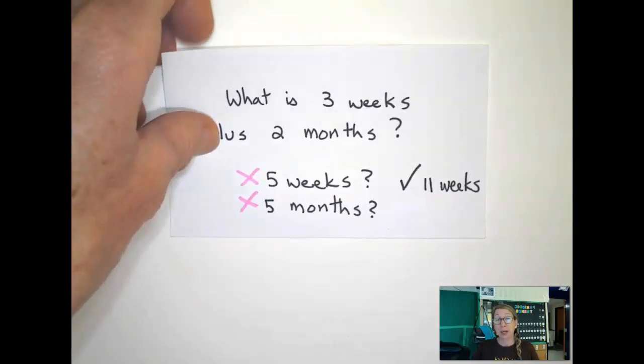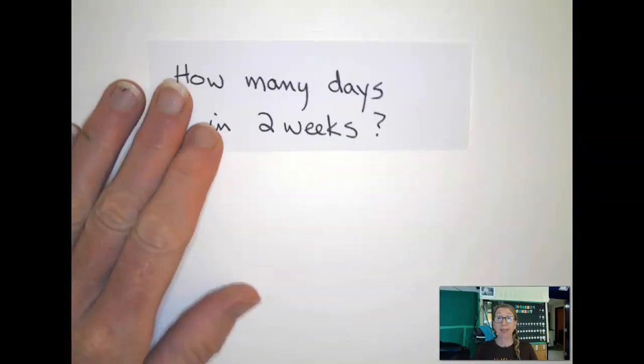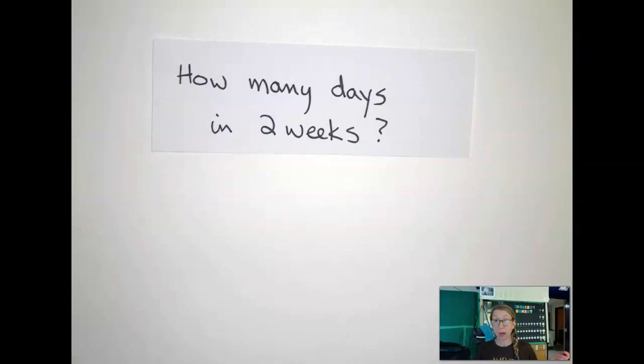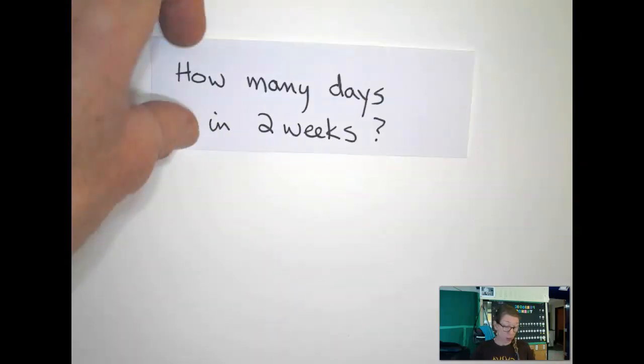Luckily, you already know how to convert units. In everyday life, if I asked you how many days are in 2 weeks, you would know 14 days. You did that automatically in your head because you know your math identities.